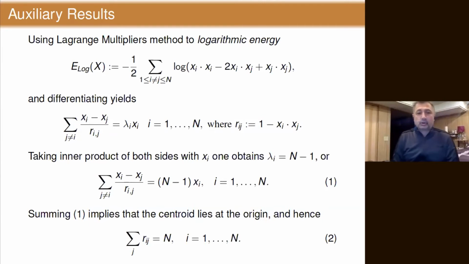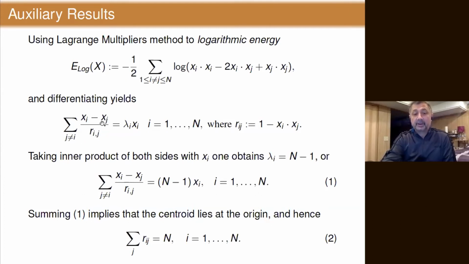But when you sum these, what happens is you get 0 as the left-hand side, and actually, first one proves that lambda_i is n minus 1. Okay, that's the important part. When you multiply by x_i here, this becomes 1 minus x_i x_j, which is exactly what this is.